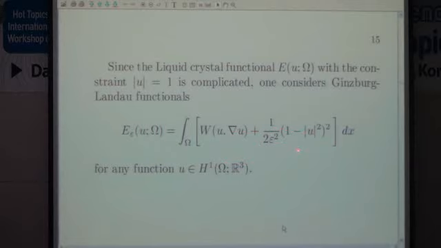The approximation model uses a parameter epsilon. You put in this penalized term, 1 minus u squared. As epsilon tends to 0, if the energy is finite, it means the norm of u will tend to 1. This is very efficient, as suggested by physicists in superconductivity. So since the Ericksen-Leslie system is complicated, people suggest using this approximation model to study it.